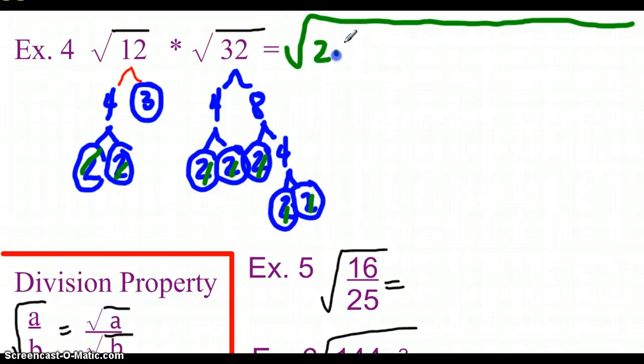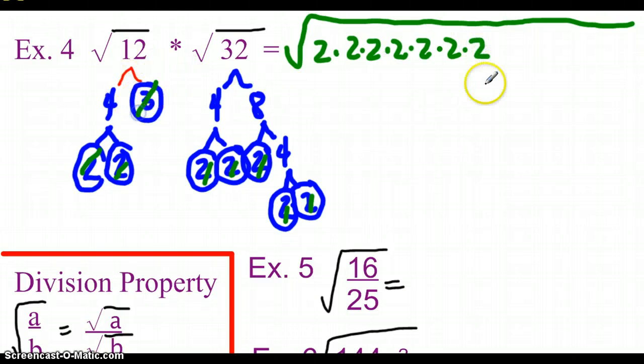So 7 2's. And 1 3. Now one of the things that's nice about this is that it's much easier to make the pairings if you put them all together.